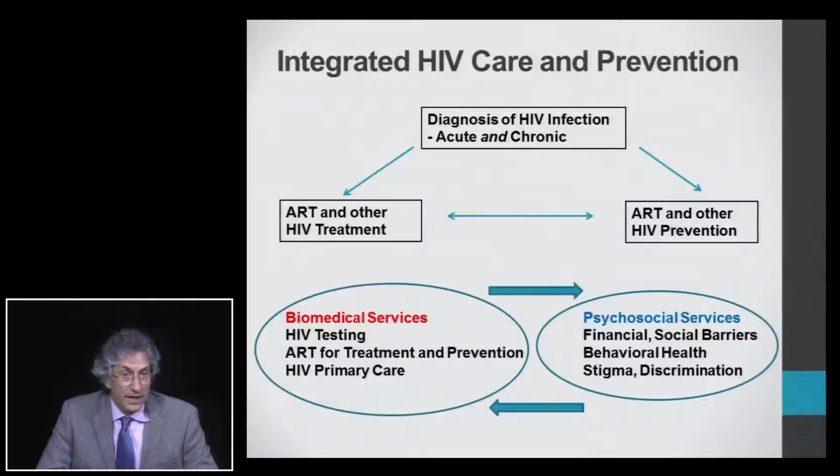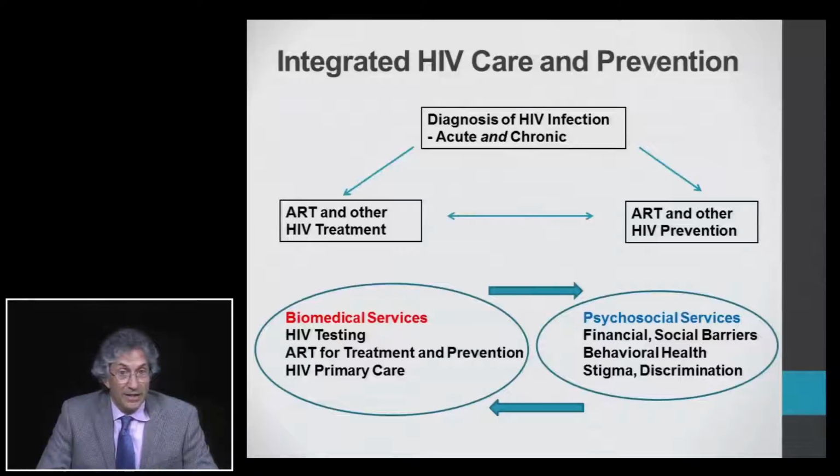For these things to be effective, either treatment or prevention, it requires the combination of biomedical services and psychosocial services. The biomedical services can be HIV testing, antiretrovirals for treatment and prevention, and the HIV primary care.